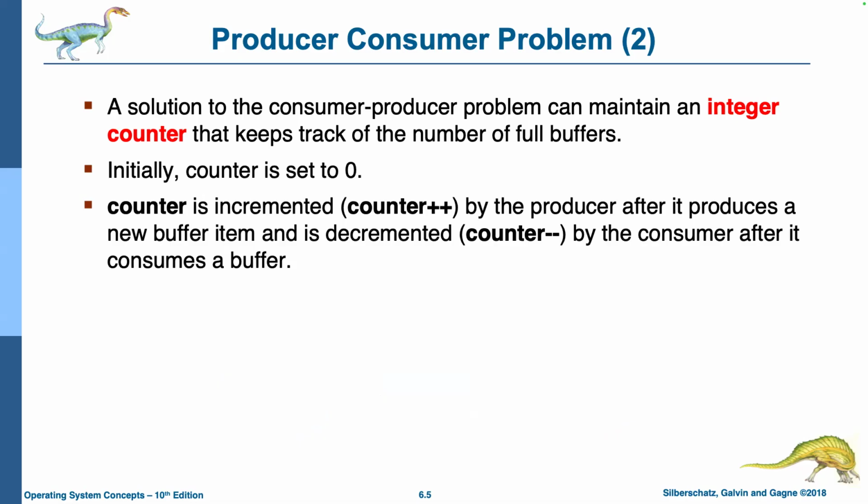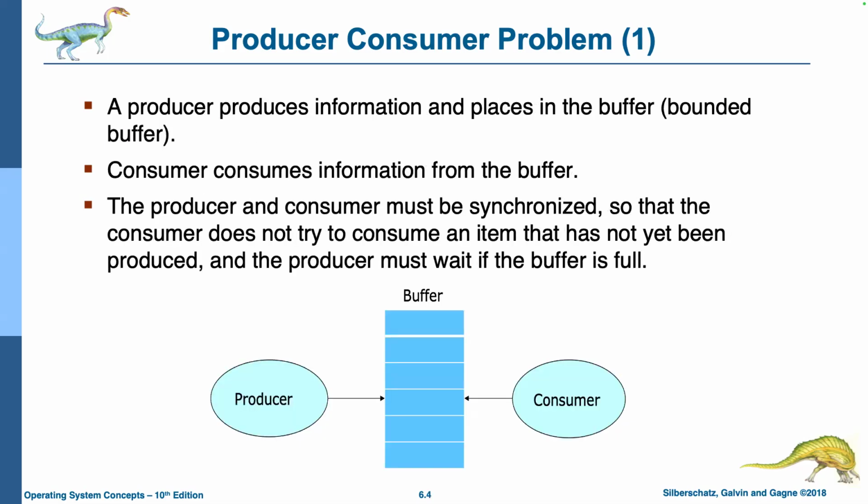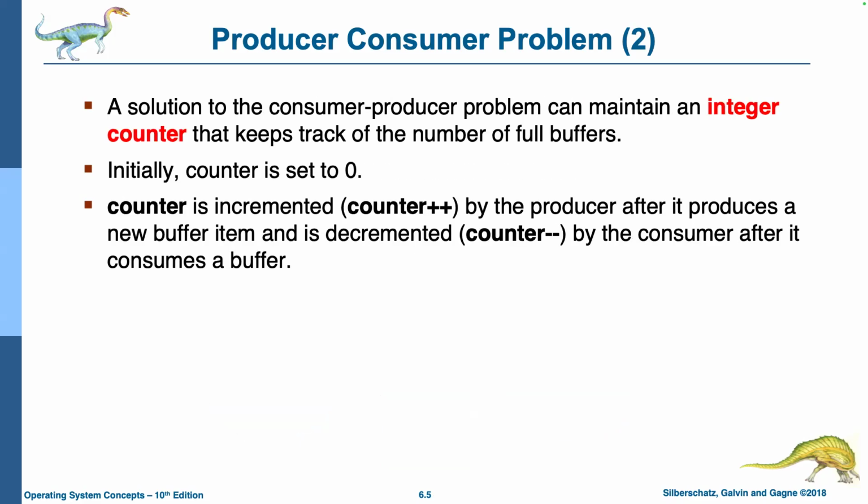Before that, we must have some background. A solution to this producer-consumer problem can be made with an integer counter to keep track of the number of full buffers. So this counter shows which buffer I put the data in. Initially the counter is zero.